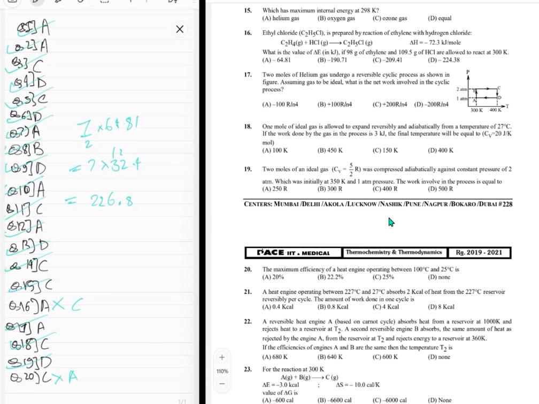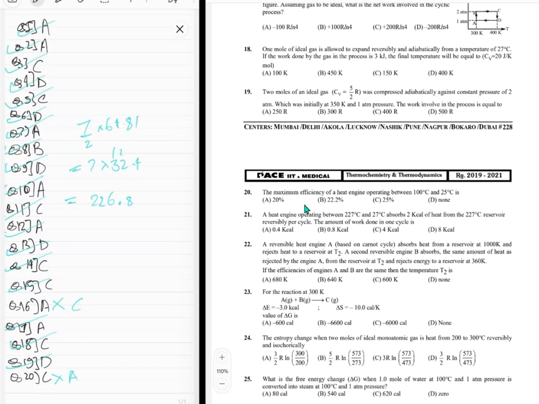Whatever. 20. The maximum efficiency of a heat engine. So they gave A as the correct answer. Okay, 100 degrees Celsius and 25 degrees Celsius, the maximum efficiency of. But I did get C. I'm not going to do it once again. This is 373 Kelvin, and 25 degrees Celsius is approximately 300 Kelvin. This thing is 375, of course.